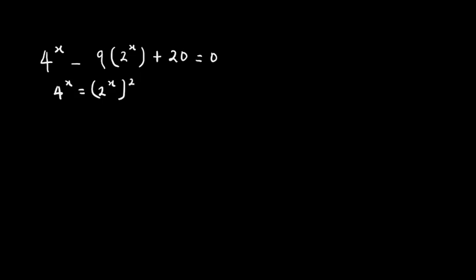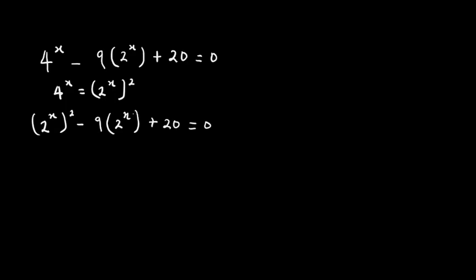So I'm going to replace 4 to the power of x with 2 to the power of x all squared, minus 9 times 2 to the power of x, plus 20 equals 0.